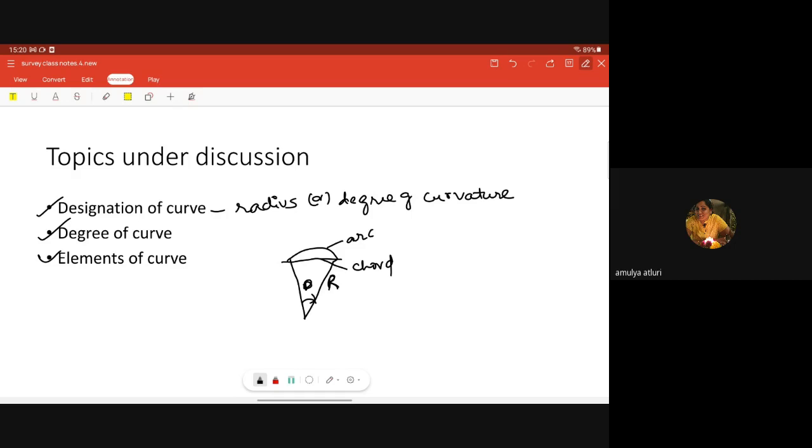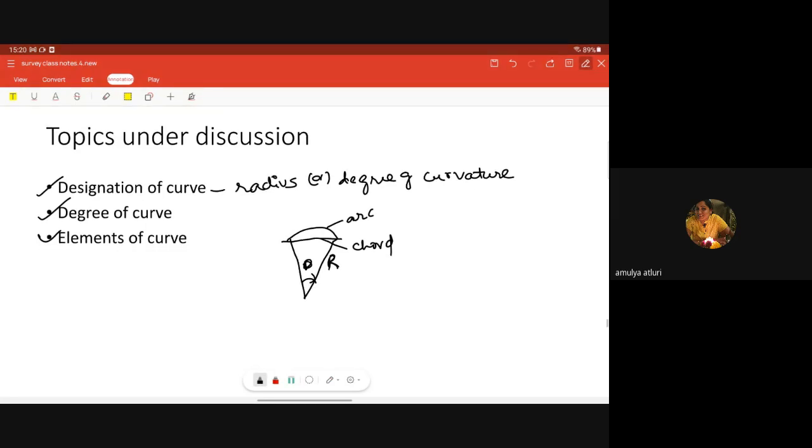Next, degree of curve. What is degree of curve? It is the central angle of the curve subtended by an arc or chord of fixed length. A curve is designated by its radius in the UK, but it is designated by degrees in the US, Canada, and India.